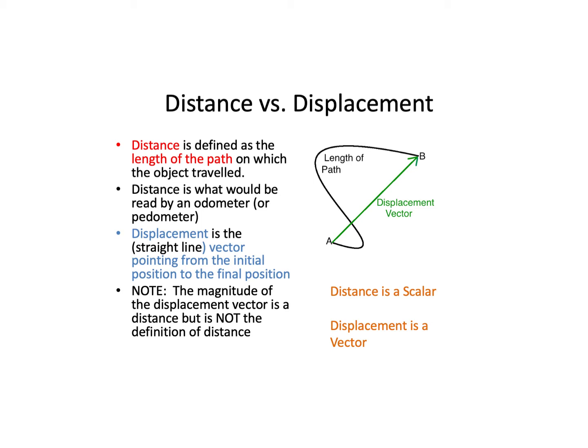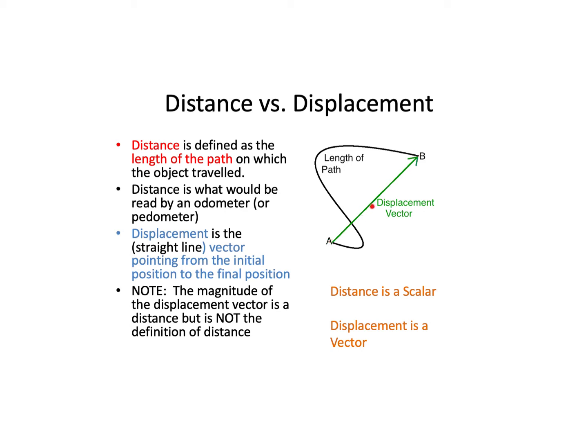Now, displacement is the straight line distance from where you start to where you end up. And so if I'm starting at A and I end up at B, I can draw the straight line. Now you'll notice that I've drawn it as an arrow because displacement is actually a vector. If you start at the general store and you end up at the cabin, you're going with a different direction, and that is important for that displacement.